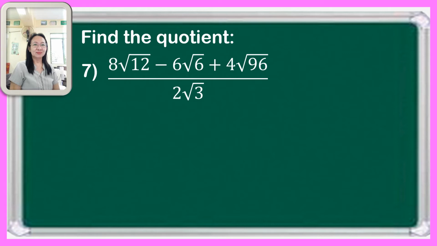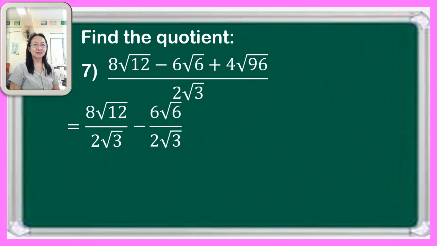This means that all terms in the numerator are to be divided one by one by the given denominator. So 8 square root of 12 divided by 2 square root of 3, minus the second term, 6 square root of 6 divided by 2 square root of 3, plus the last term, 4 square root of 96 divided by 2 square root of 3.